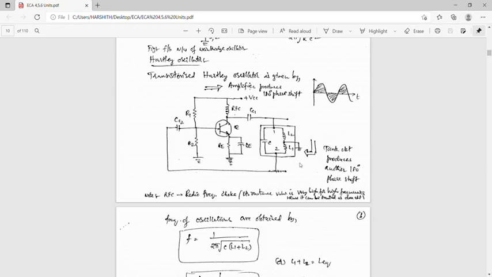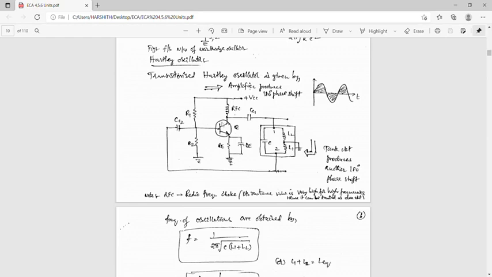So the LC feedback network gives an additional phase shift of 180 degrees, necessary to satisfy the oscillation conditions. Finally, the amplifier introduces 180 degrees and the tank circuit produces 180 degrees, totally 360 degrees. This is the transistorized Hartley oscillator.